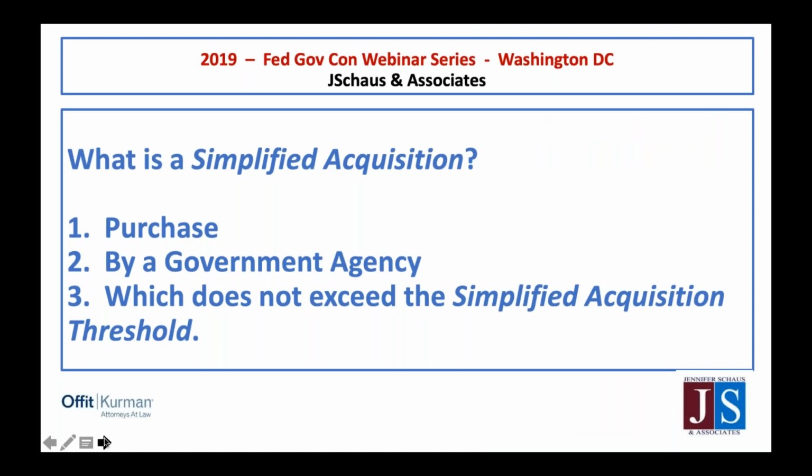By virtue of its name, the idea of simplified acquisitions is to make purchases less complicated than they would otherwise be for the government agency that is attempting to procure a good or service, as well as for those who wish to sell to those government agencies. By way of definition, what is it? It's a purchase by a government agency which does not exceed the simplified acquisition threshold, or SAT.